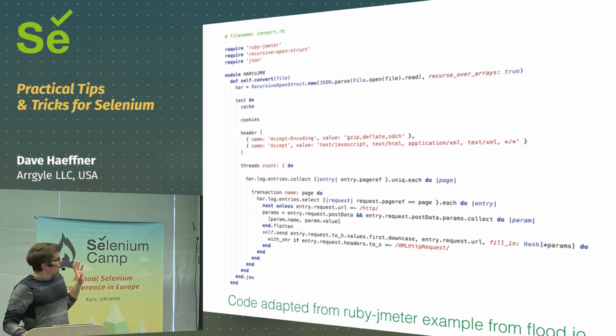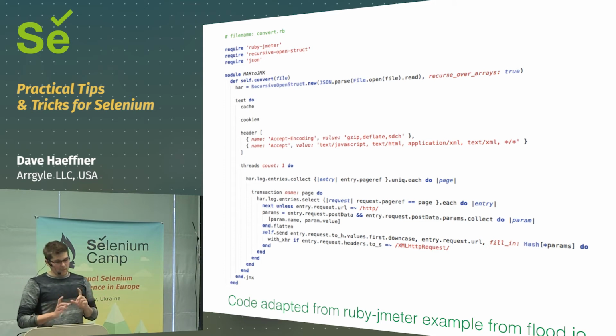Don't worry about exactly what's happening here. I borrowed this from a working example from the Ruby JMeter library, which is from one of the JMeter cloud providers. They're the ones that maintain the Ruby JMeter library. And this just takes the HAR file and converts it to JMeter JMX.